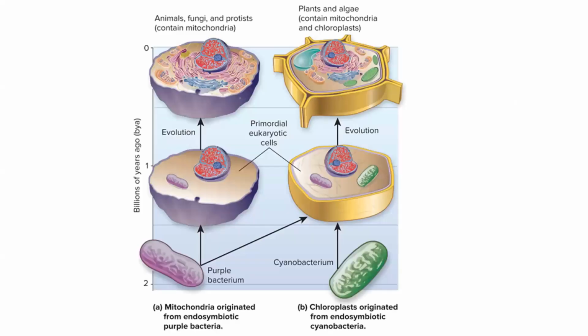So you can see the animal cell, you can see the plant cell. Here's the endosymbiosis theory. You have a purple bacterium, you have a cyanobacterium. It merged a little bit. Again, pre-eukaryotic.